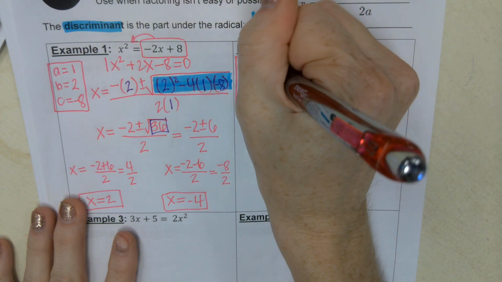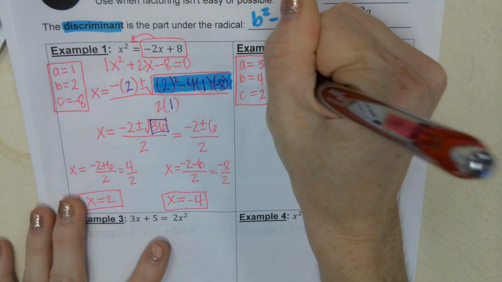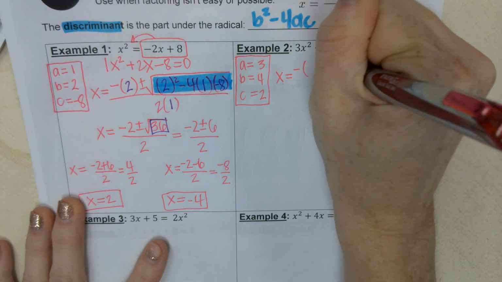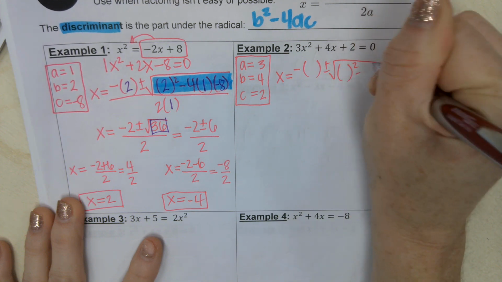For ABC, I have 3, 4, 2. I'm going to get the shell of my quadratic formula set up.